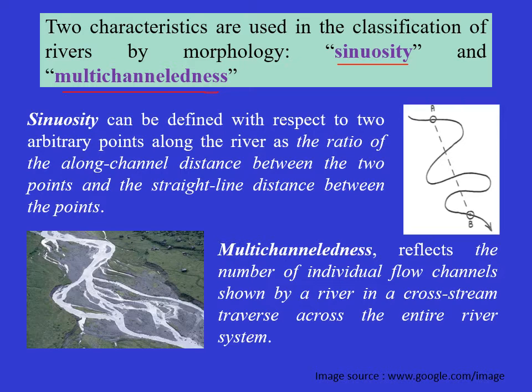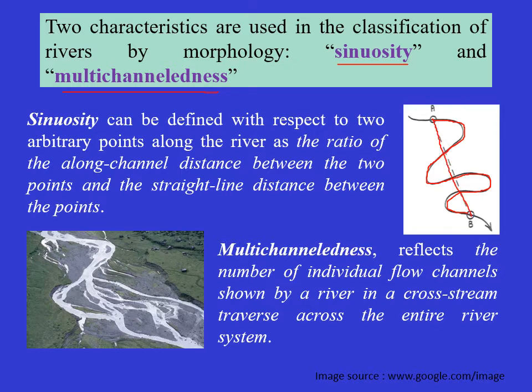So if we consider this is a channel and we consider 2 points A and B, then for measuring sinuosity, we have to measure the length along the channel, that is the actual path distance, and we have to measure the straight line path, that is the shortest distance between these 2 points.